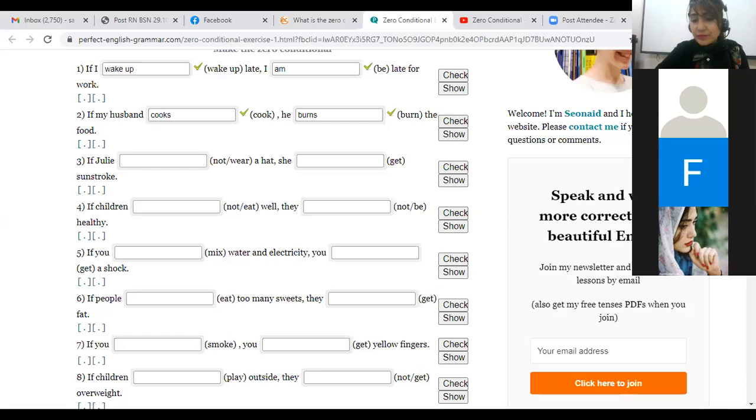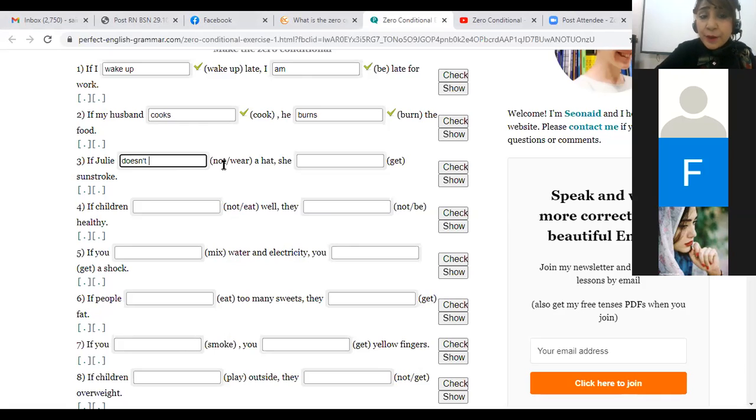Okay. Let me just save the screenshots. Okay, now if Julie doesn't wear. Don't or doesn't? Doesn't, because Julie is third person singular.